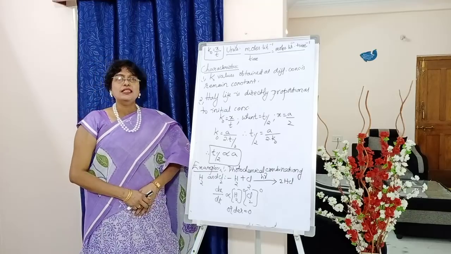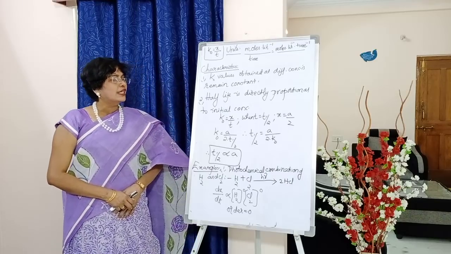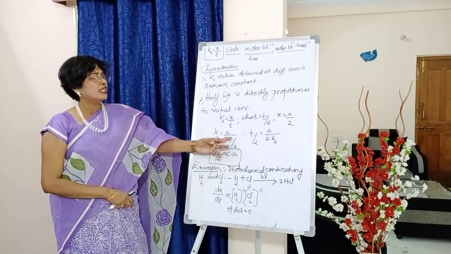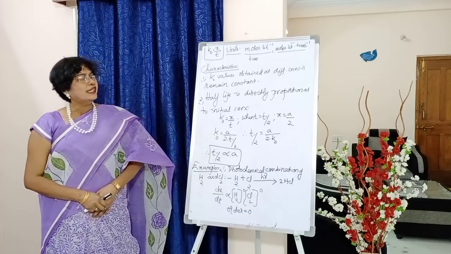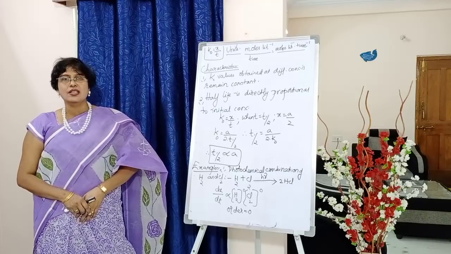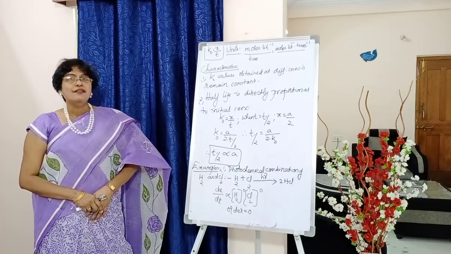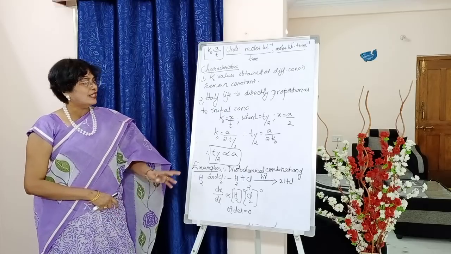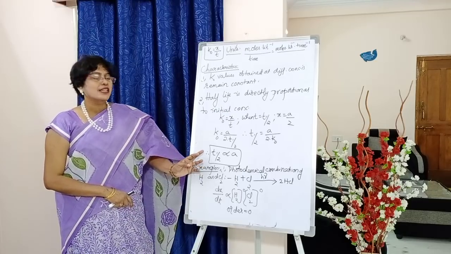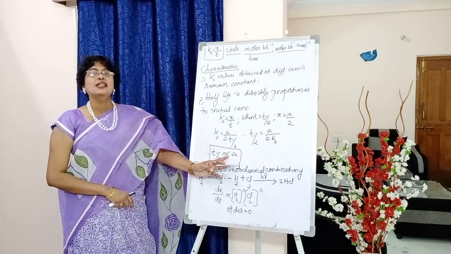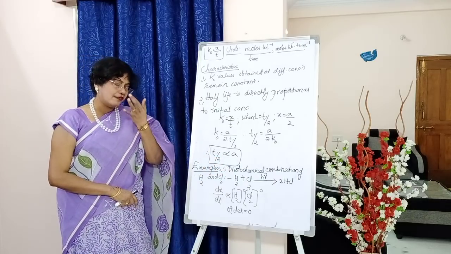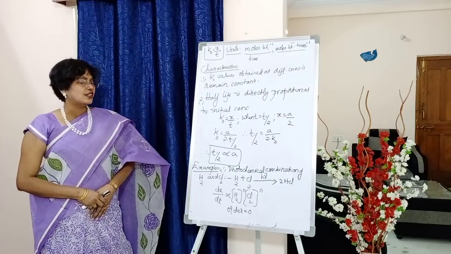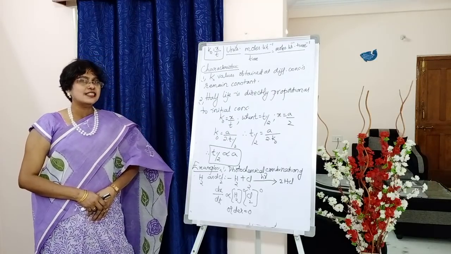So therefore T half is equal to A by, so K naught goes to the denominator. So therefore T half is equal to A by 2 into K naught. Where is A in the expression? In the numerator. So therefore we proved it as T half proportional to A. That means half-life is directly proportional to initial concentration. Understood? Is it easy?